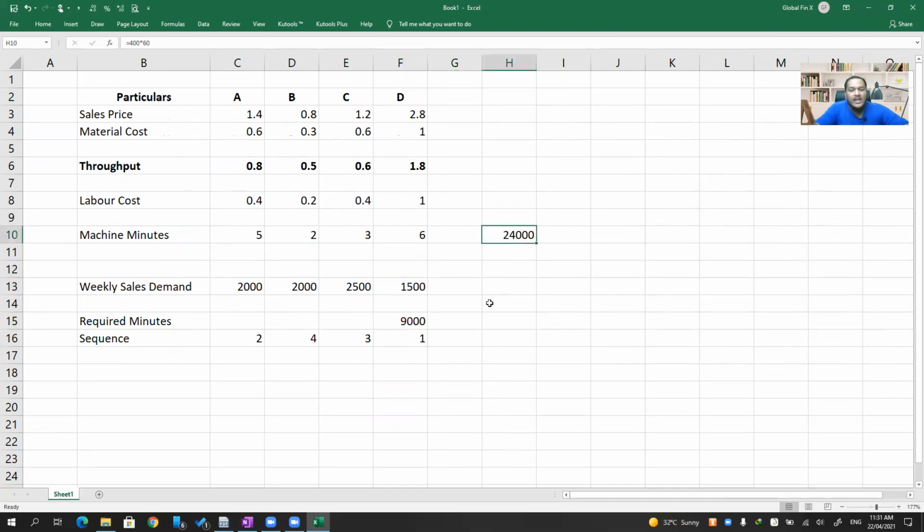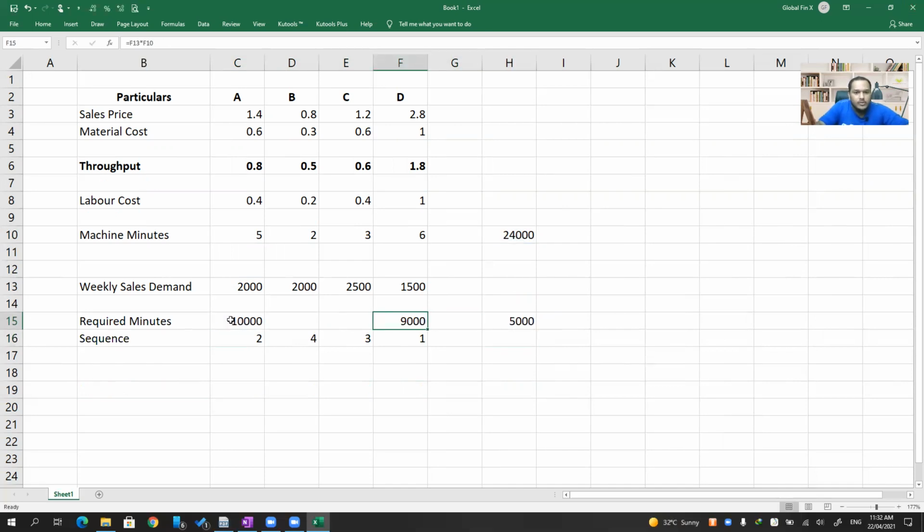How much do we have? 24,000. 24,000 minus 9,000, we still have 15,000 minutes left. Then we'll produce A, 2000 into 5 minutes. That is 10,000. 24 minus 9 is 15, 15 minus 10, we'll still have 5,000 minutes.